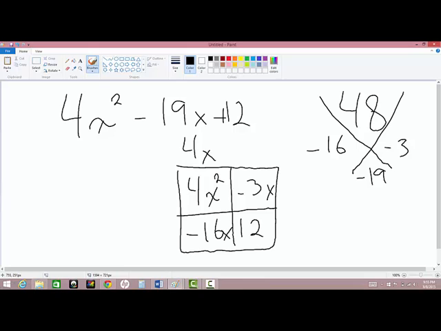And then we also have on the negative 3x and the 12 here, we're going to go ahead and put a negative 3, because remember what we said earlier, whatever the sign is in this box here, and here you can see it's a negative 3x, so that sign goes up with it.